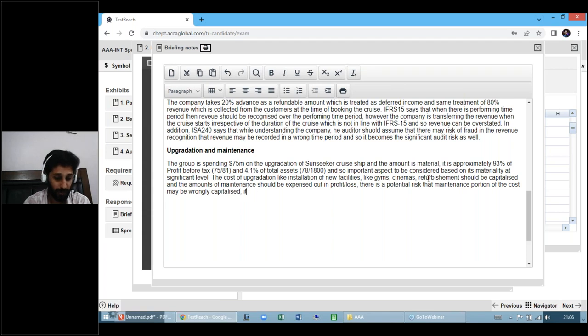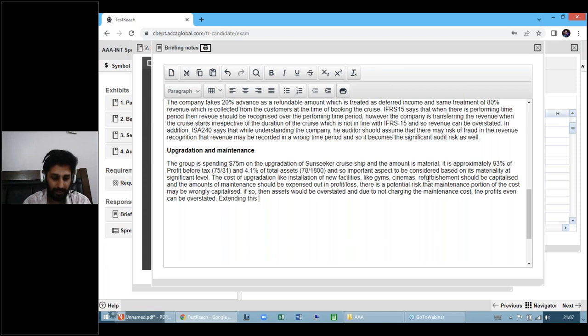If so, then what will be happening? If this risk materializes, then assets would be overstated, and due to not charging the maintenance cost, the profits can even be overstated.